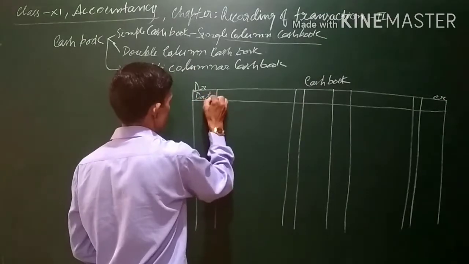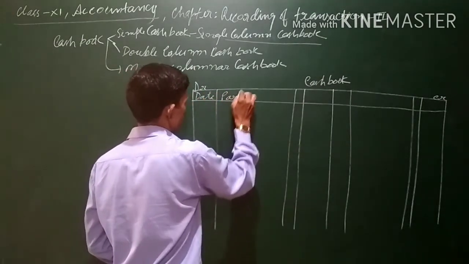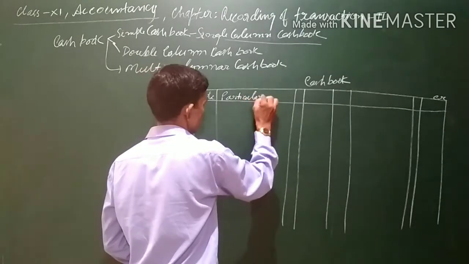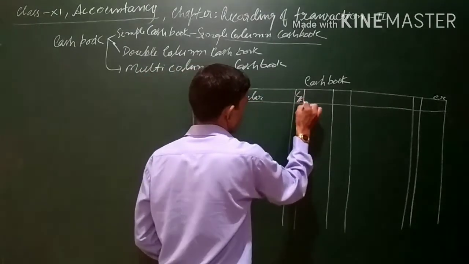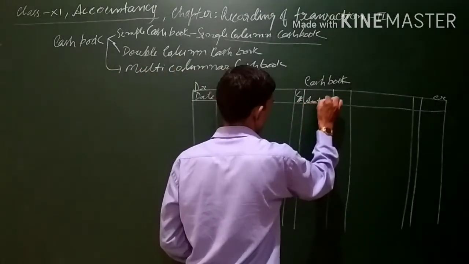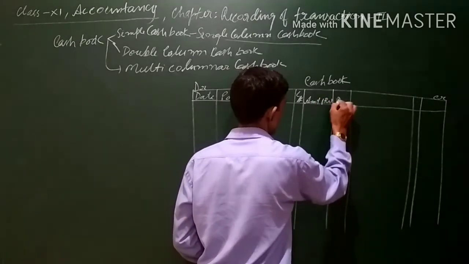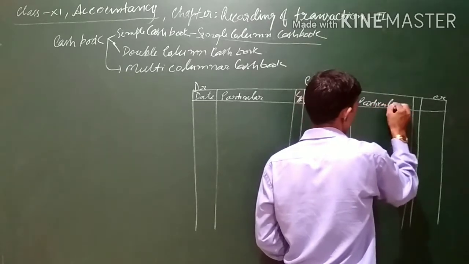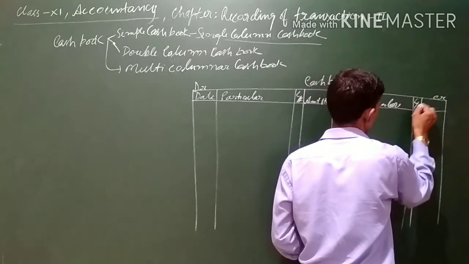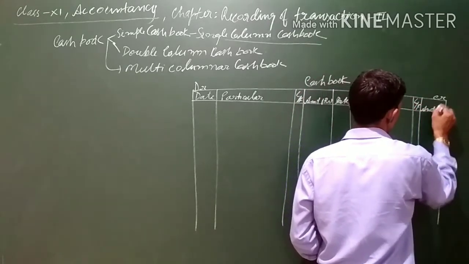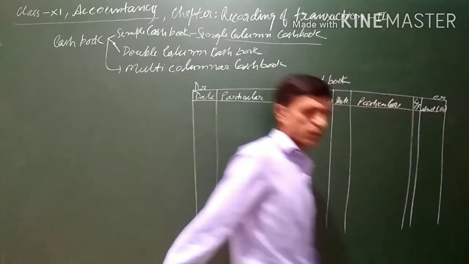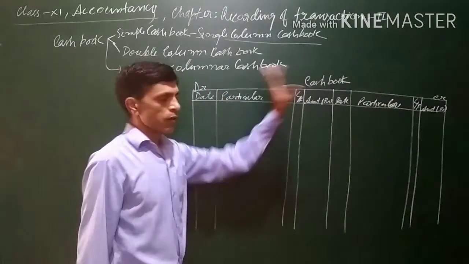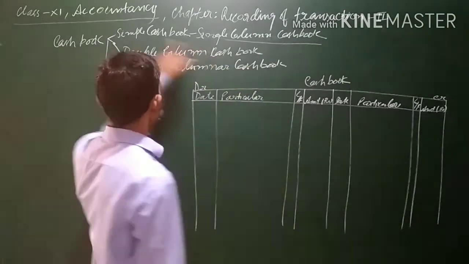Here first column is amount, then particulars, LF, ledger folio. Amount in rupees, again date, particulars, ledger folio, LF, amount in rupees. This is the format of a cash book, that is simple cash book.